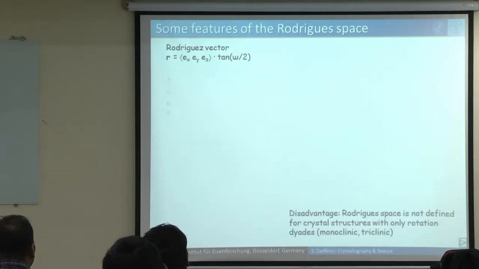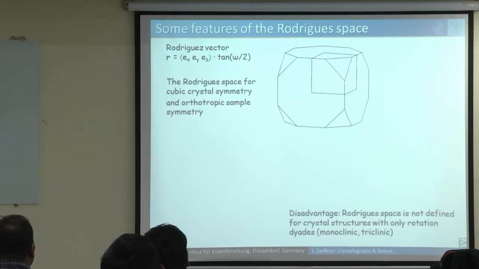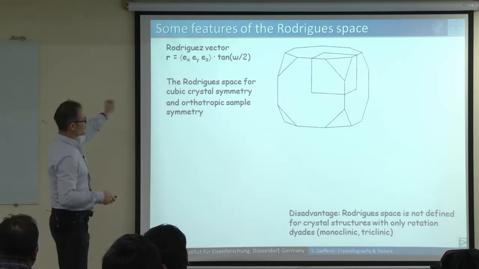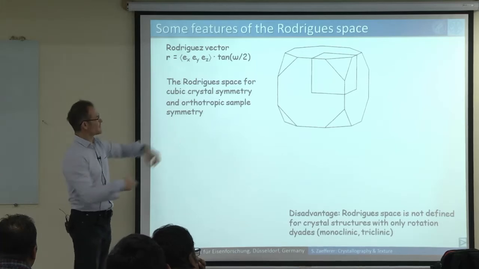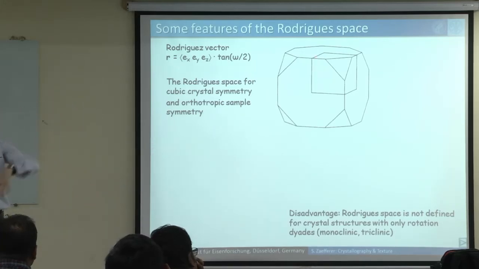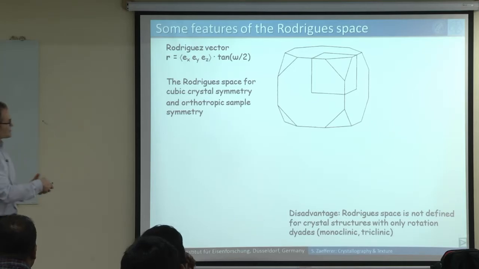When you then plot this Rodriguez space, you find that it's not a simple cube. It does not end at 90, 90, 90 degrees, but depending on the crystal symmetry, it has, for example, these cut edges here.